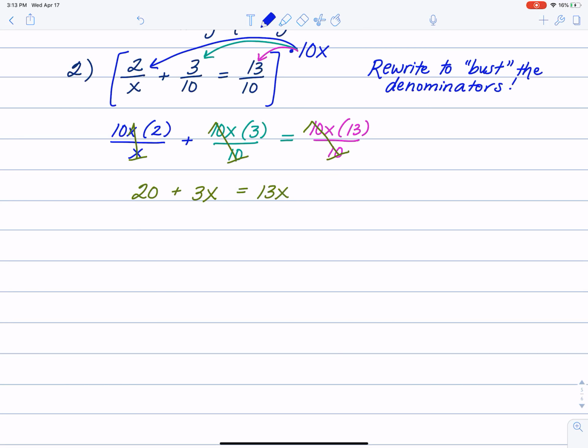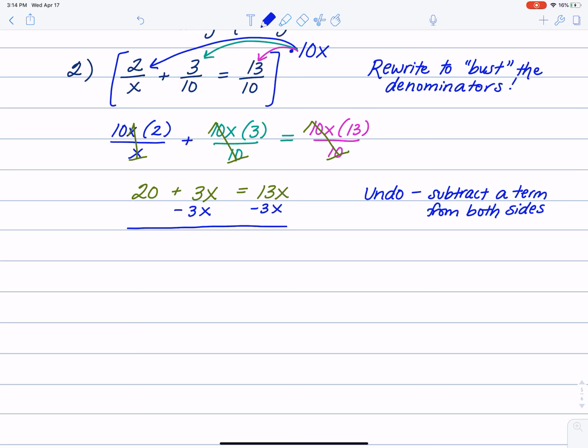What's our next step going to be? Probably to subtract 3x from both sides. This would be an undo step. Subtract a term from both sides. That's going to yield us a final or semi-final answer of 20 equal to 10x.